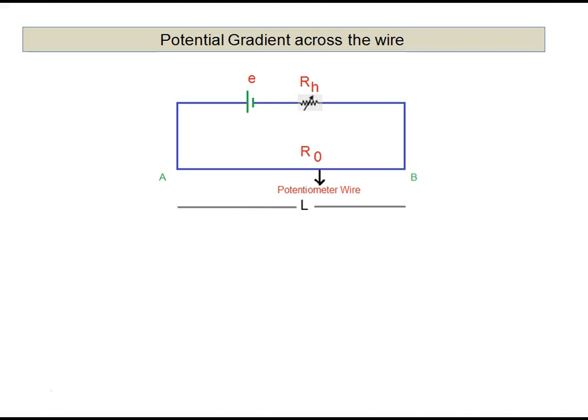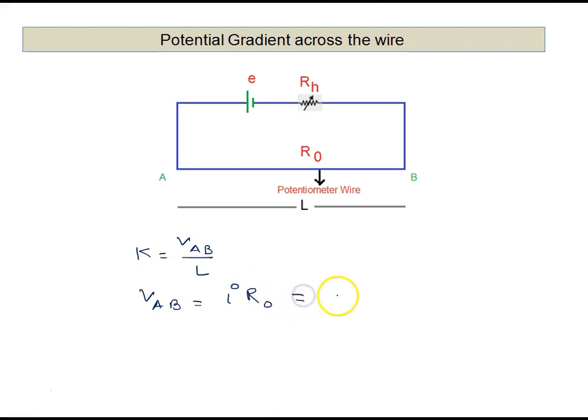Now tell me, we have to calculate the potential gradient across this wire AB, which is of length L. All of you know the potential gradient can be written as the voltage across AB upon the length of the AB wire. Now what is the voltage across AB? It can be written as the current flowing in the AB wire into the resistance of the AB wire.